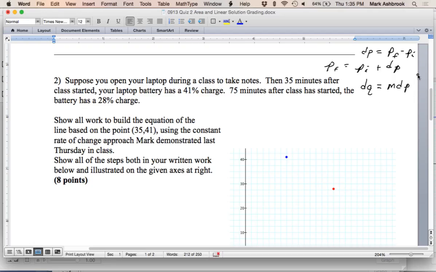So we want to build the relationship, in this case of Q and P, all correspondence points, using these principles. I went through that last Thursday, and I said, has anyone not done this before?